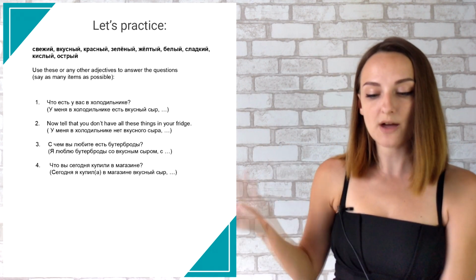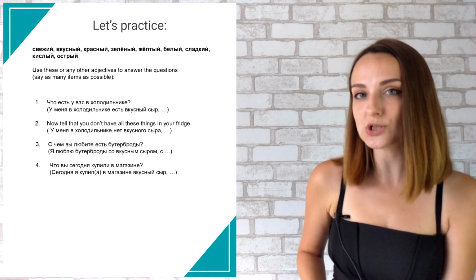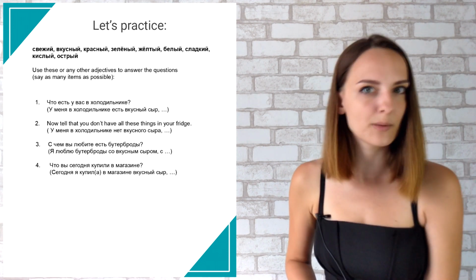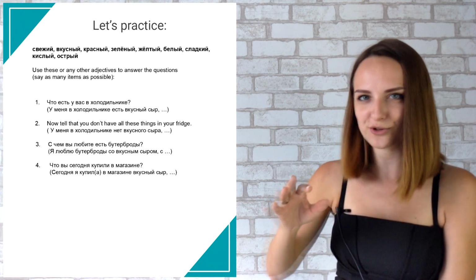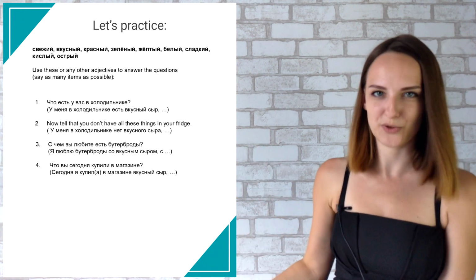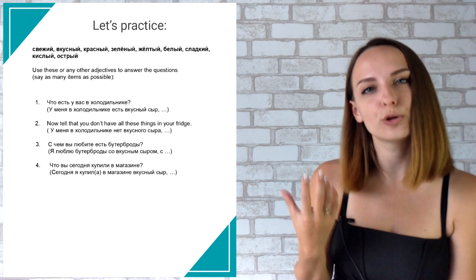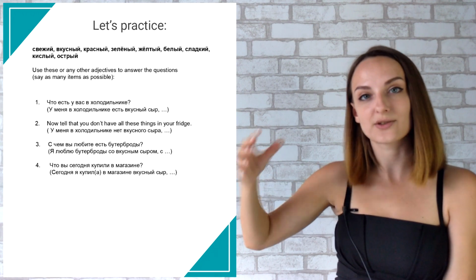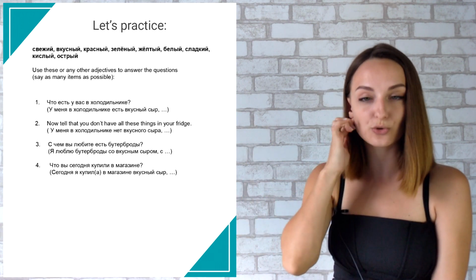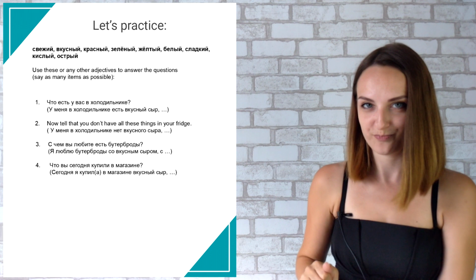For example, у меня в холодильнике есть вкусный сыр, белое молоко. Let it sound silly. You do not make a public speech right now. You just practice, you learn the adjectives, so just try to find any adjectives that you can use to describe the objects that you have there.